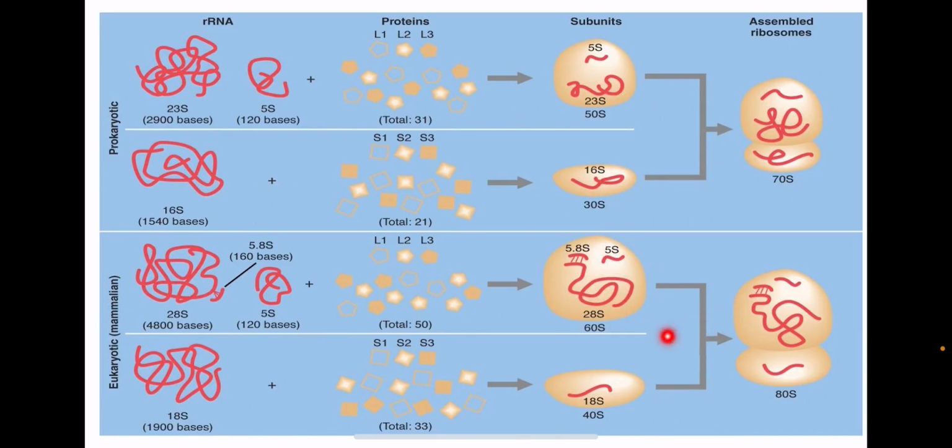The same thing happens in eukaryotes as well. But in eukaryotes, we have two small subunits, the 5.8 and the 5S. 5.8 is attached to the 28S, which is the largest. 5S is also there, and the intermediate in our case is 18.